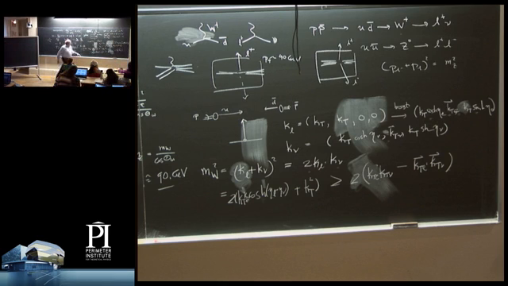Now, this is an inequality, but it's an interesting one. This quantity here is called the transverse mass, and it is a lower bound to the mass of the particle.